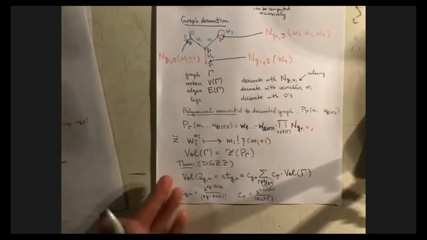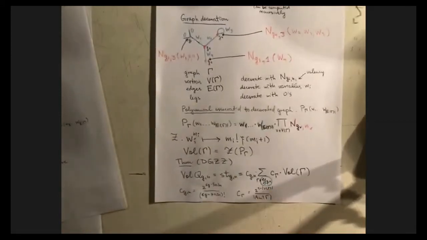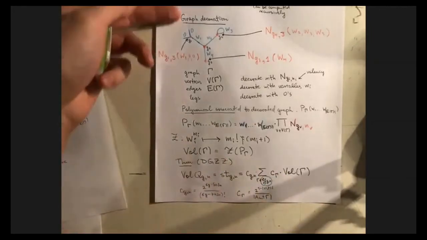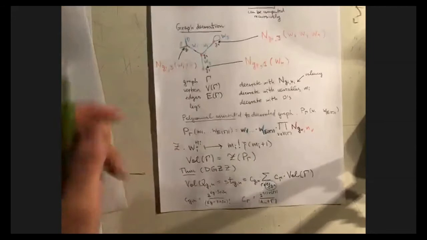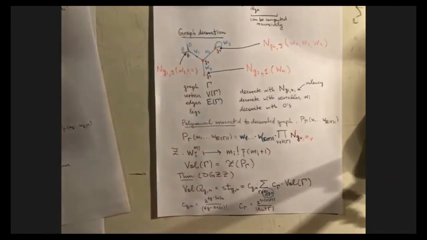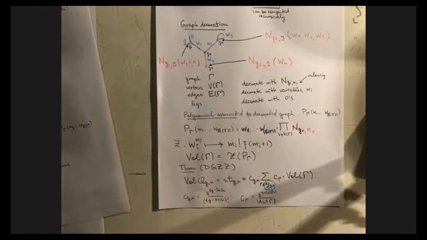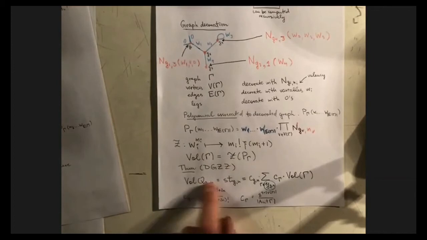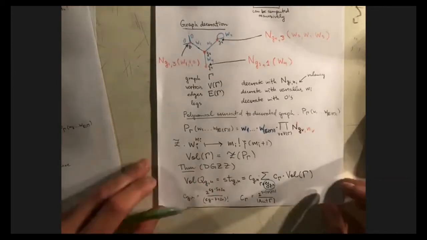But roughly this formula says that to each such object called a stable graph, we have an associated number that can be algorithmically computed like this. And then we just take the sum of all of them with certain coefficients. And this is the answer. And it's pretty straightforward to program this to get numbers for certain explicit values of G and N. So that's the usefulness.